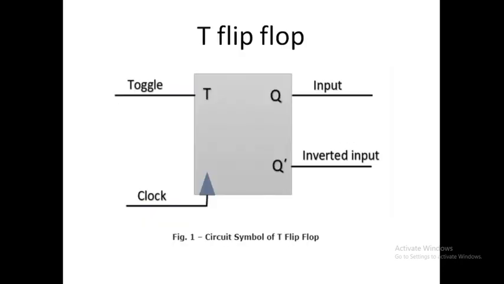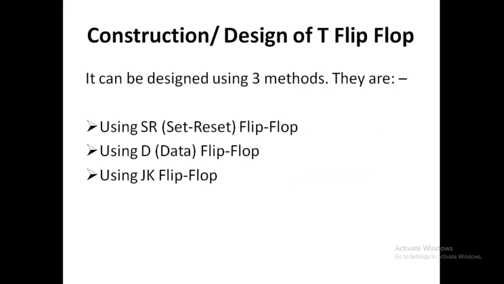So this is the T flip-flop, that is toggle, where J and K have merged together and form a T flip-flop, with only one input. This T flip-flop can be built using SR, D and JK, but here we only discuss using the JK flip-flop.